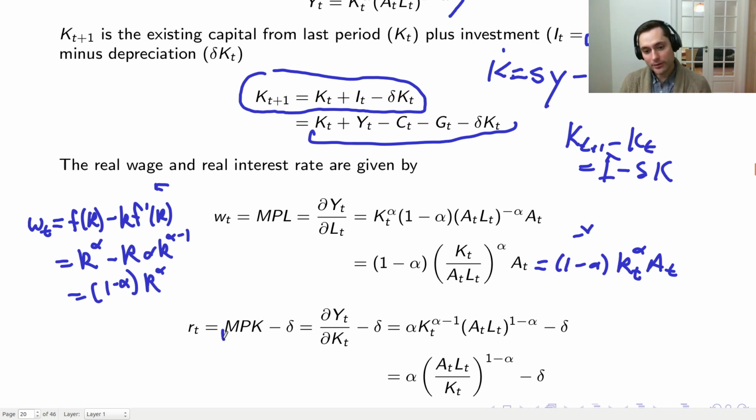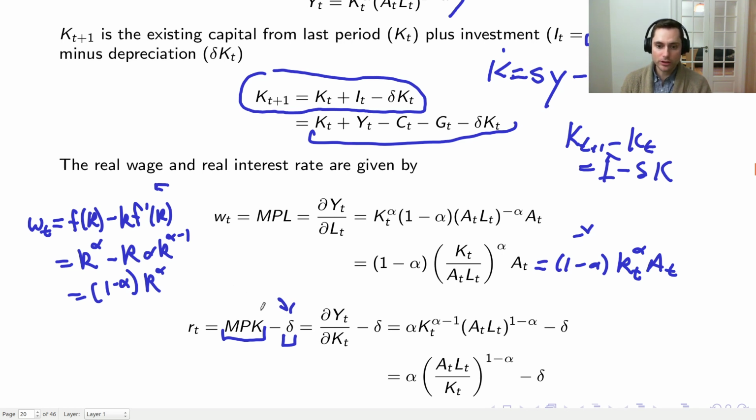So what are firms going to pay? They're going to pay the marginal product of capital, but how much do I get back? Well, I get back the marginal product minus the amount that the capital is depreciated, right?